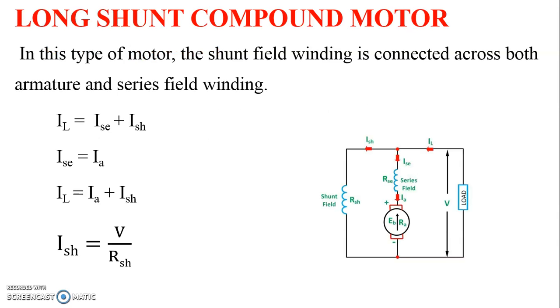Next is the long shunt compound motor. For a long shunt compound motor, the shunt field winding is connected across both the armature and series field winding. In the figure, IL is divided into two parts, that is Ish plus Isc. From the figure, Isc is equal to Ia. By comparing these two, we get IL equal to Ia plus Ish. We know that the formula for Ish is V by Rsh.